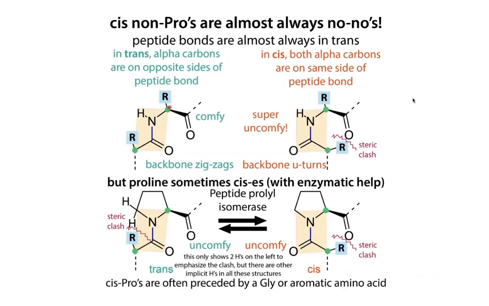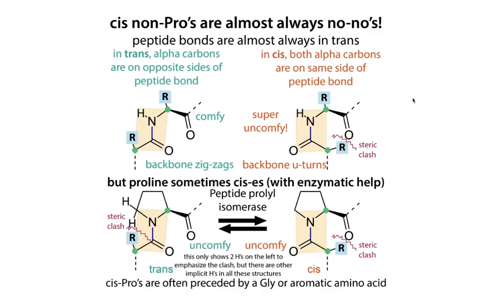Basically what it means is that these C alphas, so those alpha carbons, the ones that are attached to the R group, are going to be trans to one another. Whereas in a cis conformation, they're going to be cis to one another. So trans versus cis. And when they're cis, you're going to have this R group that's going to be clashing with this carbonyl oxygen. And when you have this steric clash, it's going to be super duper uncomfy.